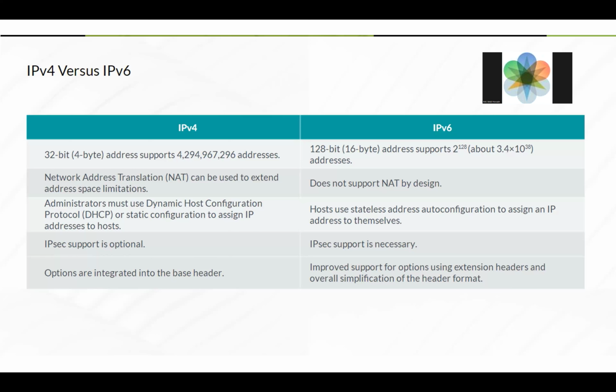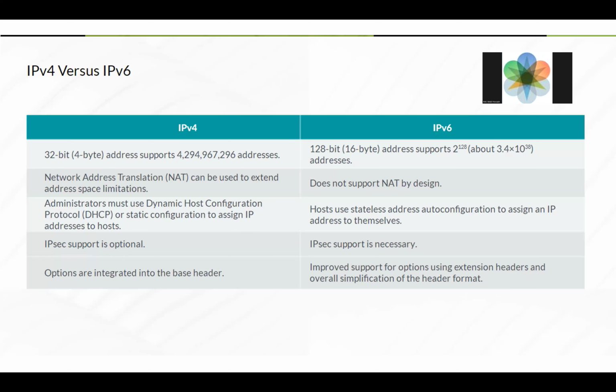And IPv4 has two options for configuring an end device. You can configure your end device through DHCP, Dynamic Host Configuration Protocol, or you can configure your end device statically. In IPv6, you have both options. You have the DHCP option. You can configure statically.